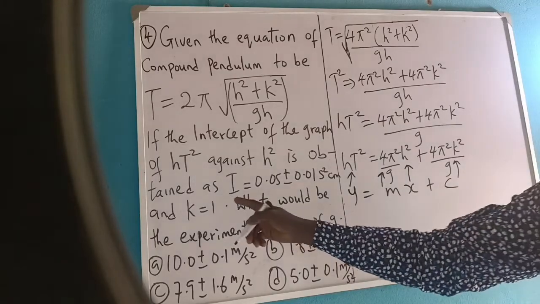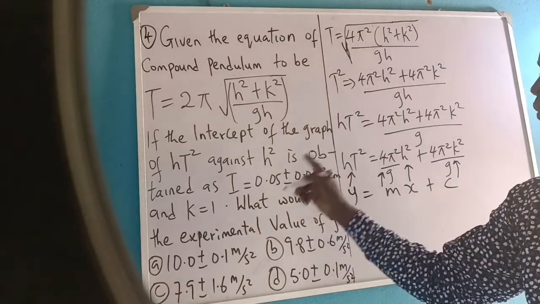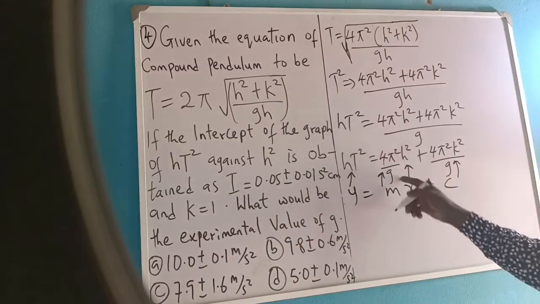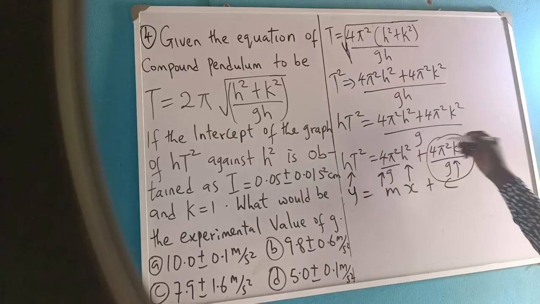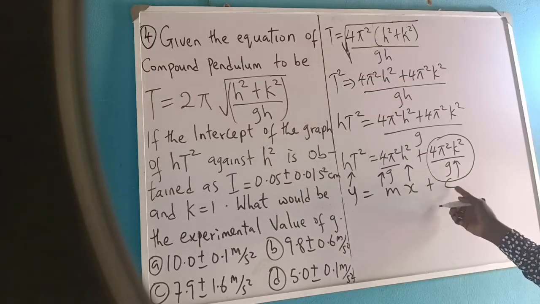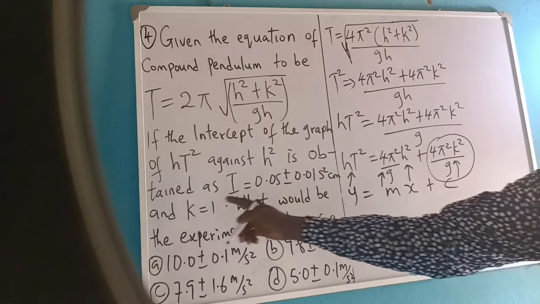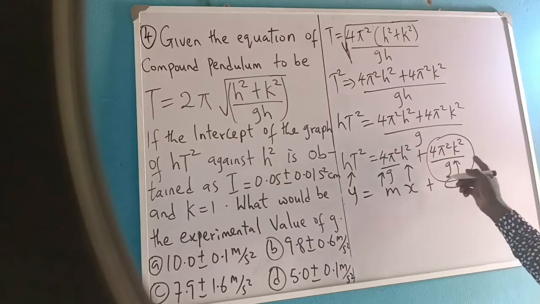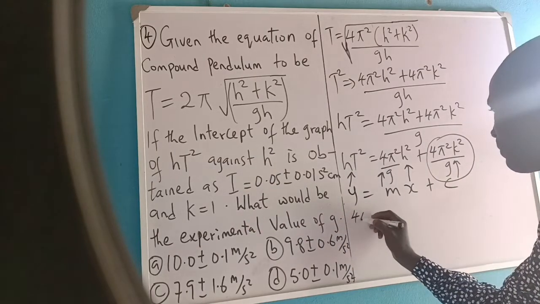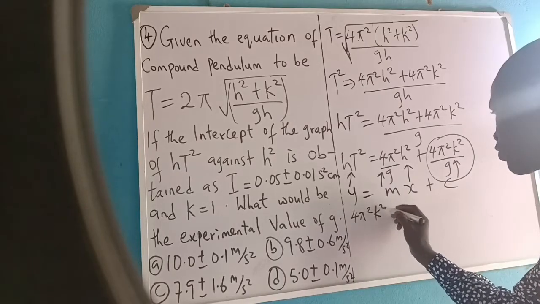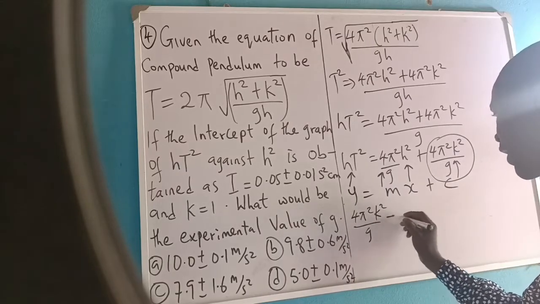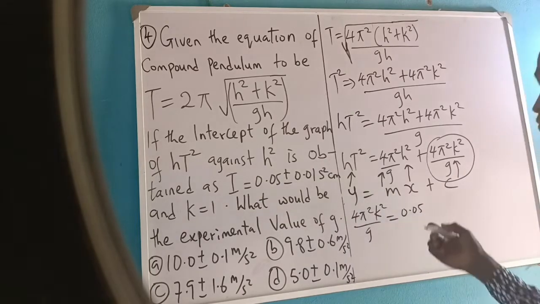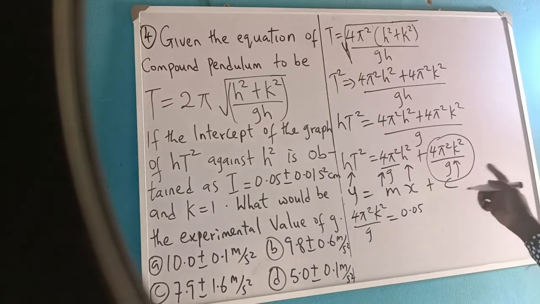But from the equation, you are seeing that they gave you information about the intercept and k, meaning I don't need this slope part. I will take this. Since this intercept C is given to be this, I will say 4 pi square k square all over G equals, what is the intercept? 0.05.